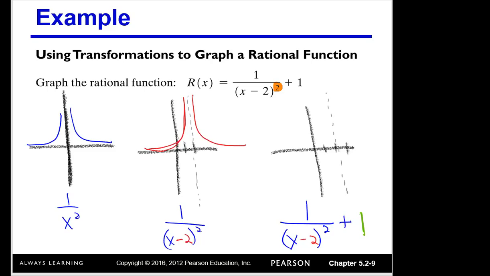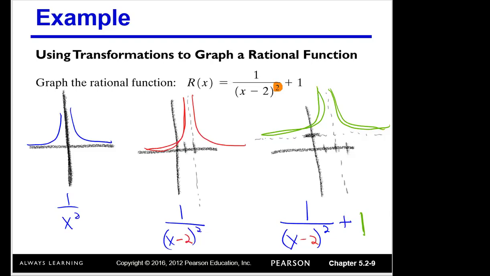But now where I had the x-axis as my horizontal asymptote, this thing moves up 1. So now you've got your new asymptote right here. And they'll show it with dotted lines. All right. Dotted lines are like these imaginary lines. And now my graph is looking something like this. Sorry, it's just a sketch.